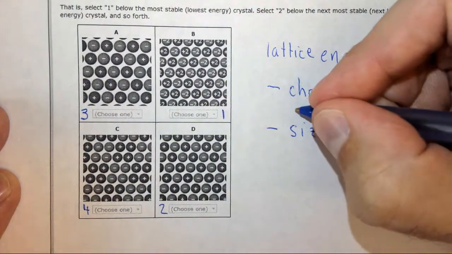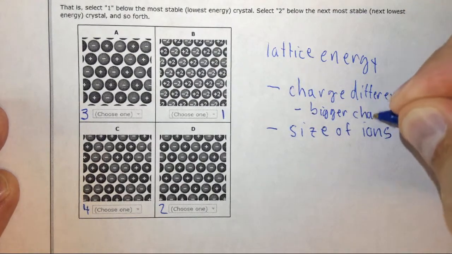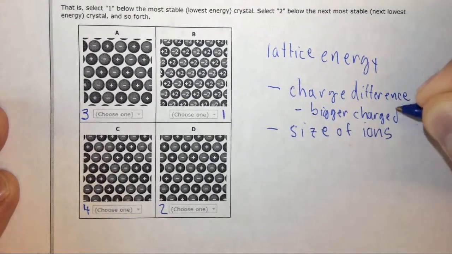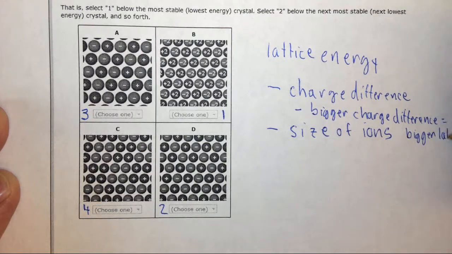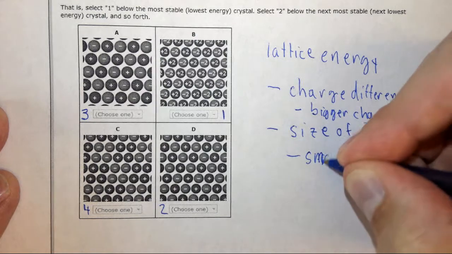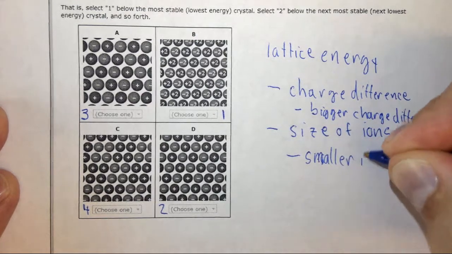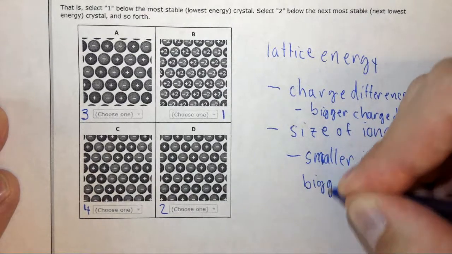So the charge difference, bigger charge difference, equals bigger lattice energy. If the charges are the same, smaller ions equals bigger lattice energy.